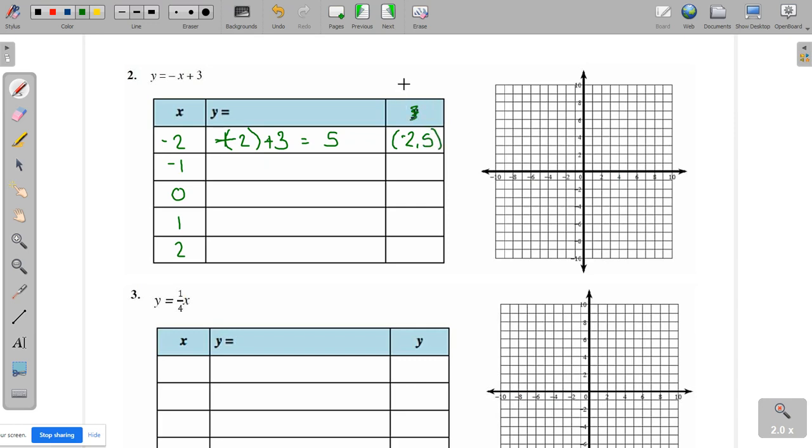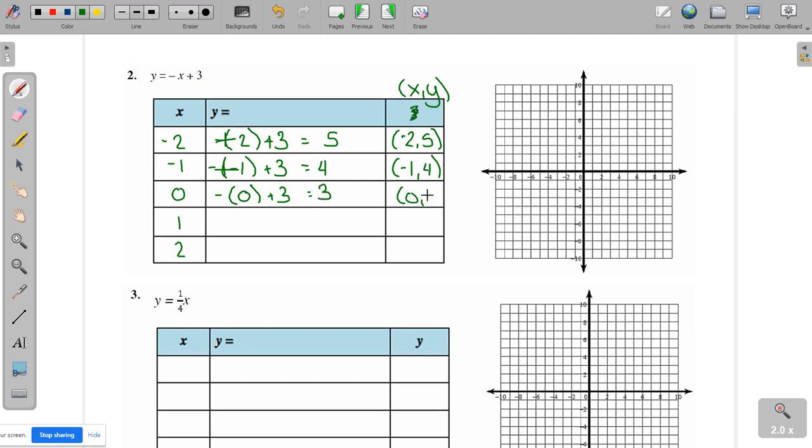And here we're just going to write the x and y point. Do the same thing. Negative, whatever x is, so 1 plus 3. Negative, negative make a positive, and we get 4. So we get -1, 4. 0, negative 0 plus 3. That gives us 3.